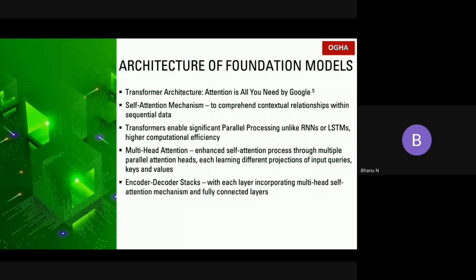Okay. Now let's look at the architecture of these foundation models. The key thing is "Attention Is All You Need," the Google paper in 2017, which actually made this possible. The transformer architecture is at the center of it.